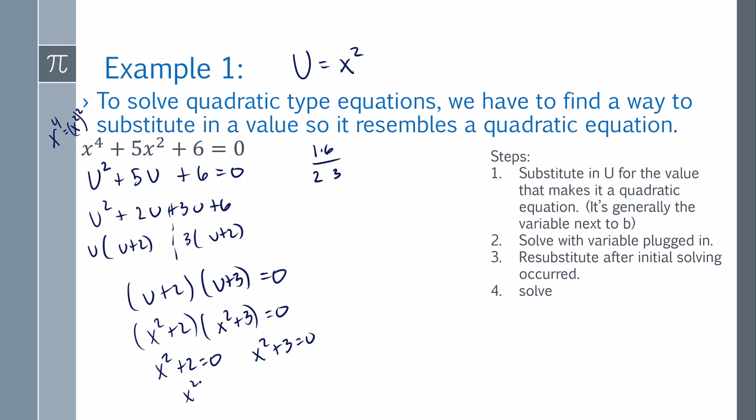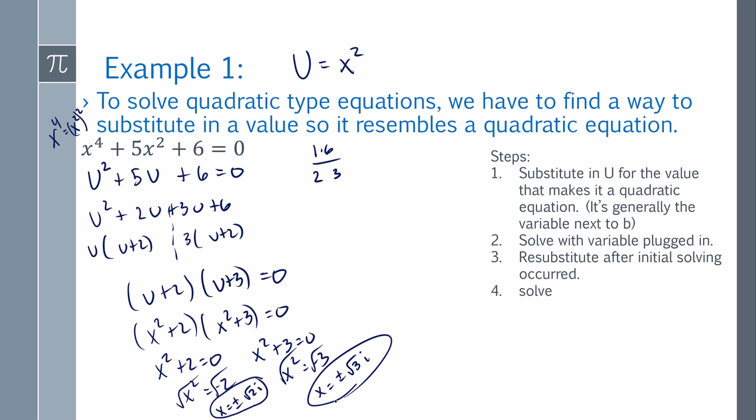And so I get x squared equals negative 2, x squared equals negative 3. If I square root, you're going to get plus or minus root 2i. And then if I square root both sides, you're going to get x equals plus or minus root 3i. And those are going to be the solutions.